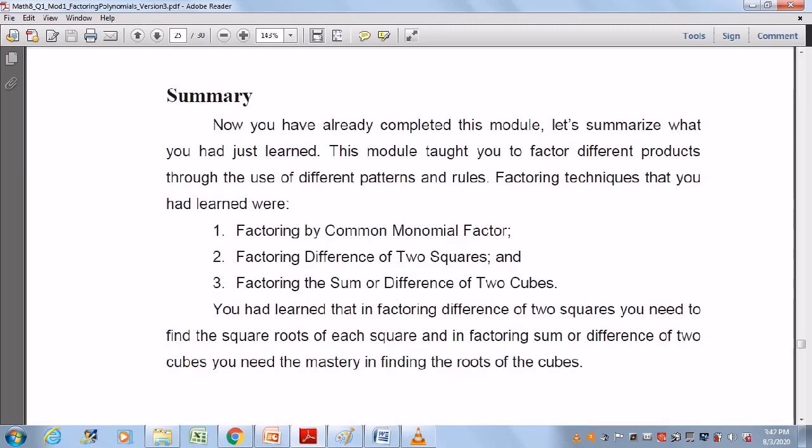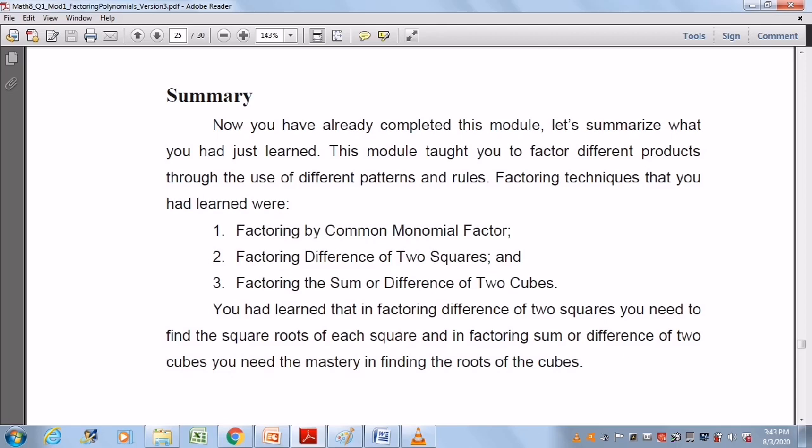So now you have already completed this module. Let's summarize what you have learned. This module taught you to factor different products through the use of different patterns and rules. Factoring techniques that you had learned were, so yung una yung factoring by CMF, the common monomial factor. Yung pangalawa naman is difference of two squares, and yung pangatlo ay sum and difference of two cubes.